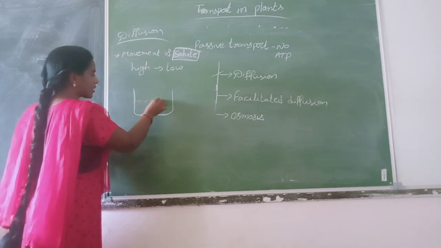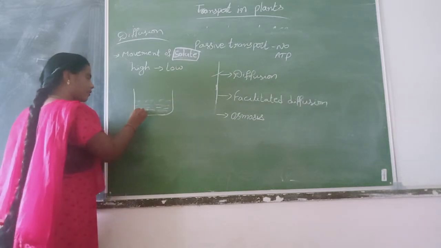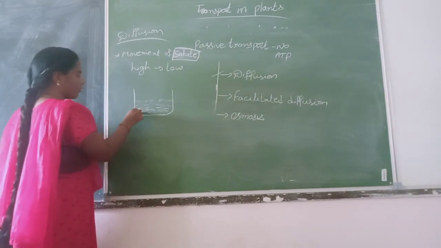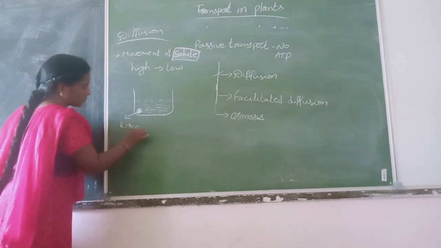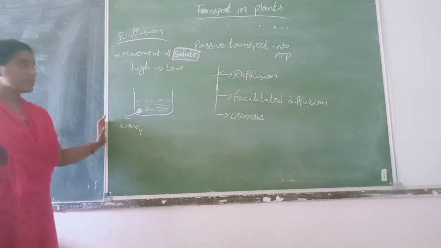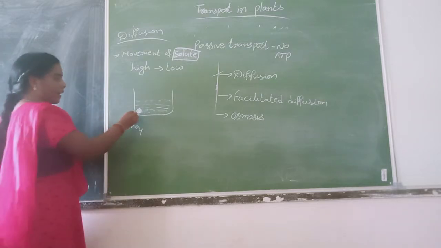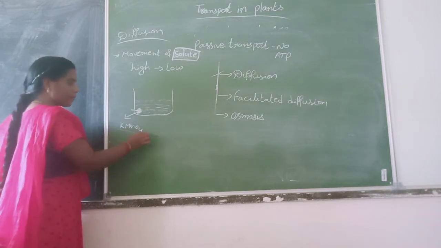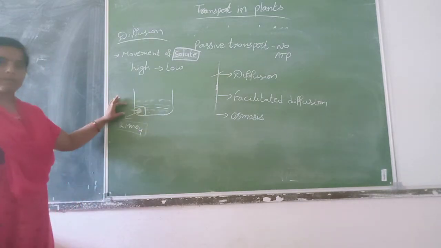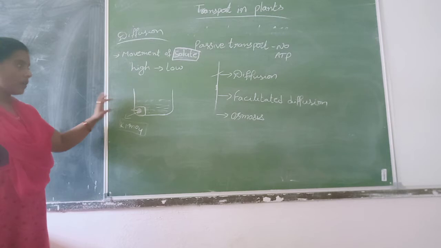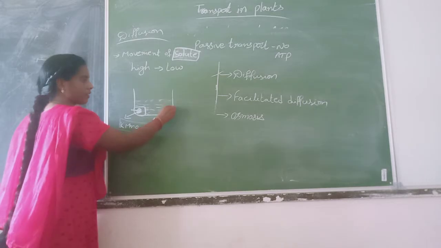a beaker which contains a certain amount of water, and here we are adding 1 spoon of potassium permanganate. When you add this potassium permanganate, you will find more KMnO4 molecules present at this corner of the beaker. These molecules are absent in all other corners.